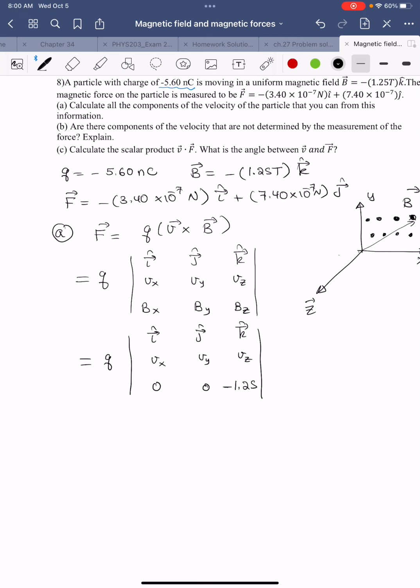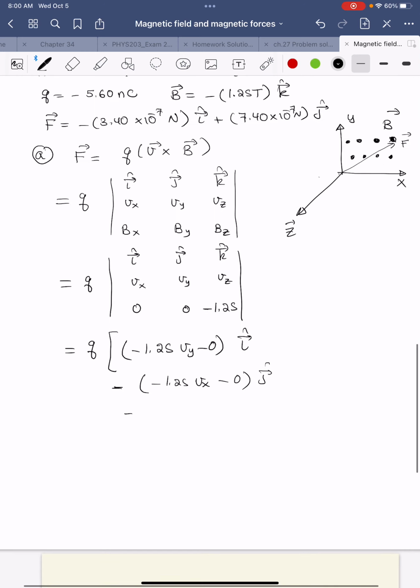Therefore, when I perform the cross product, I get the following: negative 1.25 Vy minus 0 for the i component. For the j, it is negative 1.25 Vx minus 0 j.